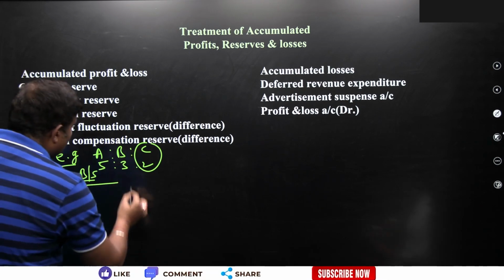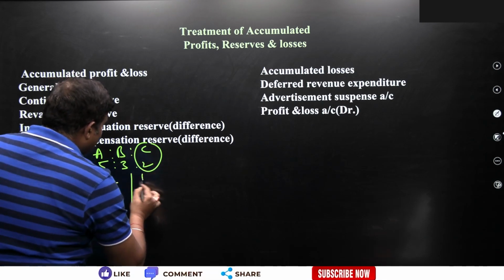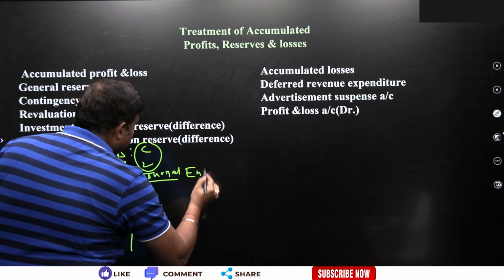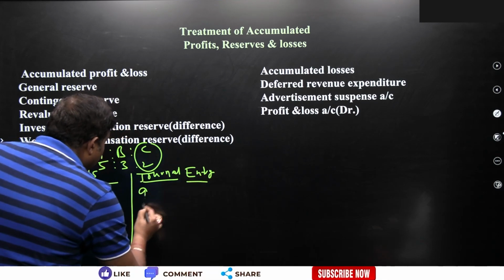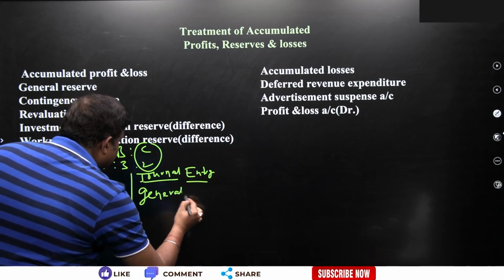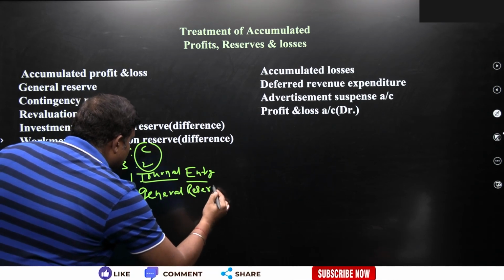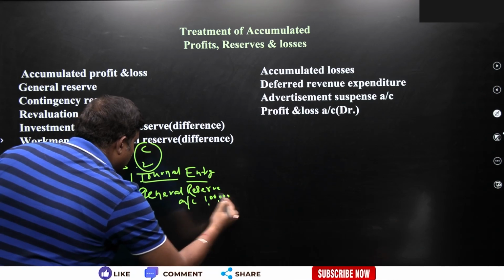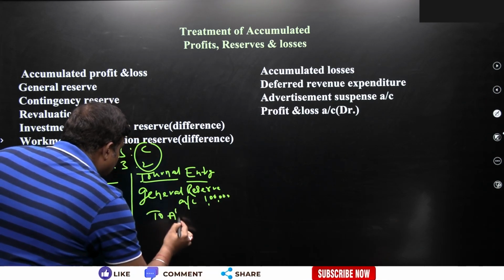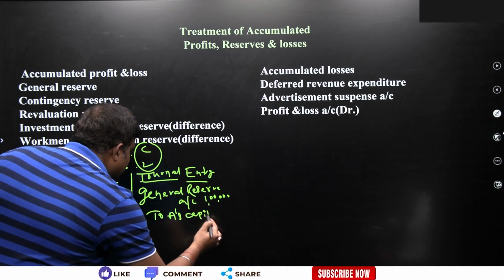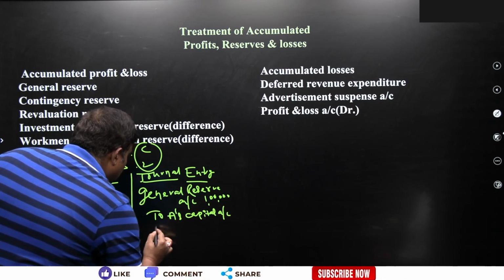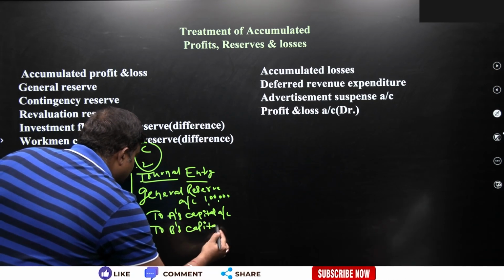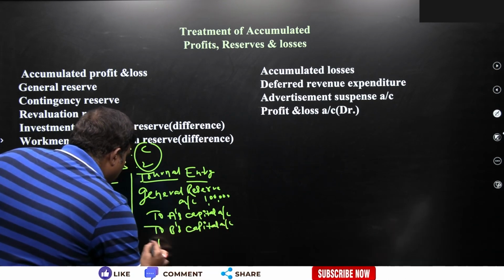Then your journal entry should be: general reserve account debit to A's capital account, to B's capital account, to C's capital account.